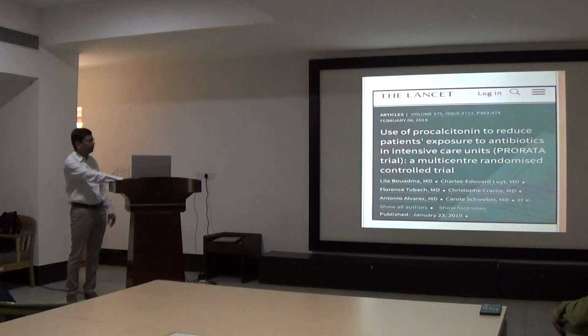This is a very early trial. They clearly did a trial to reduce the exposure to antibiotics in ICU care when PCT is downgraded or negative.